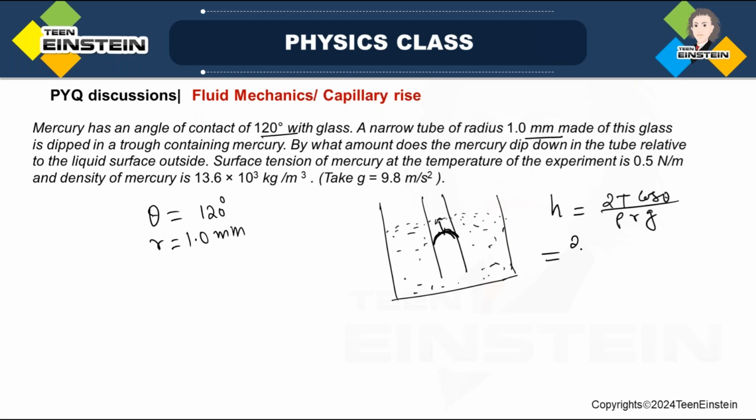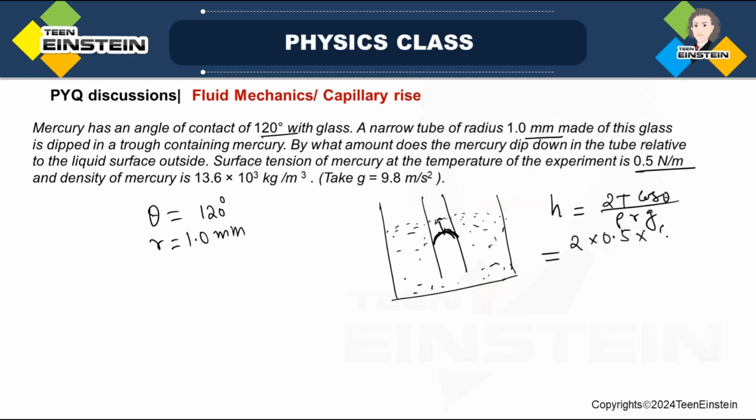So T is given, the surface tension of the mercury, 0.5 Newton per meter.